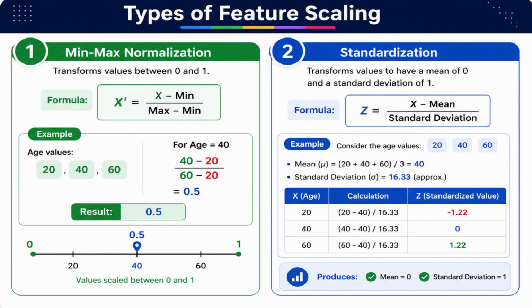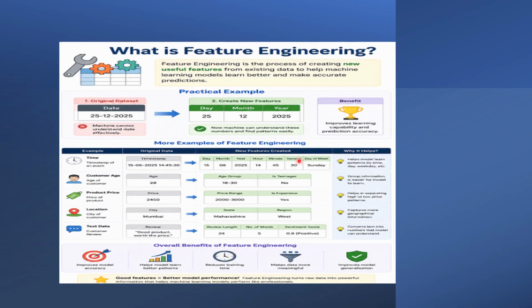The next topic is feature engineering. Feature engineering means, for example, you have a date format like 25-12-2025, but machine learning algorithms won't understand this. So you need to make new features like day 25, month 12, and year 2025.